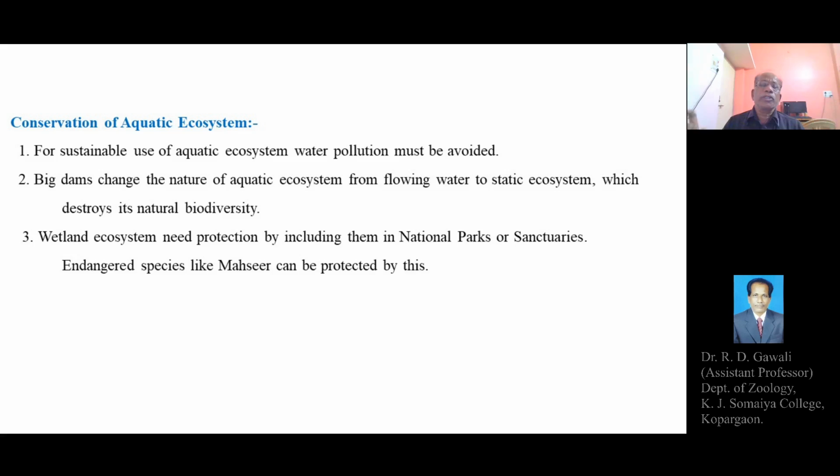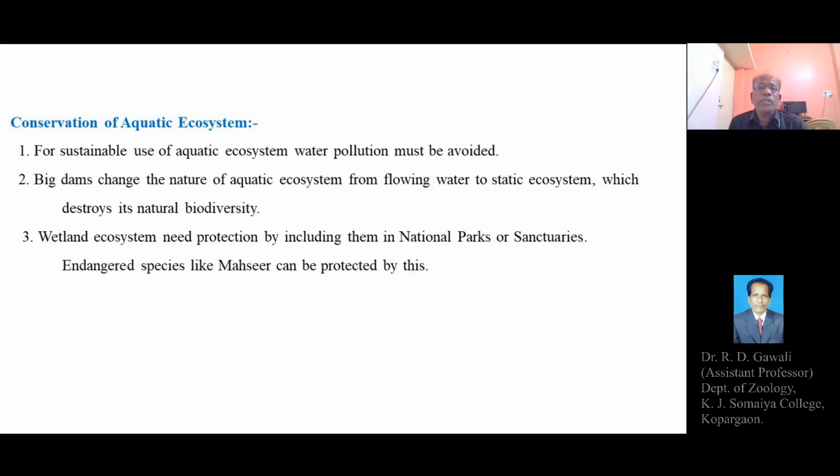So wetland ecosystems also need protection, and we can include these wetland ecosystems either in national parks or wildlife sanctuaries. So we can transform the wetlands into national parks or sanctuaries, and this is a step that can be followed for the protection of the wetland ecosystems.